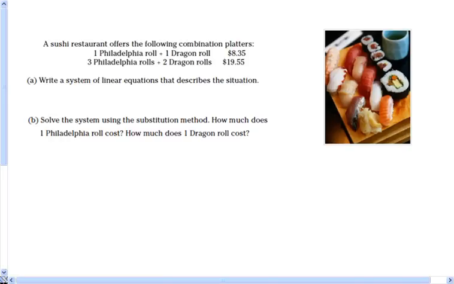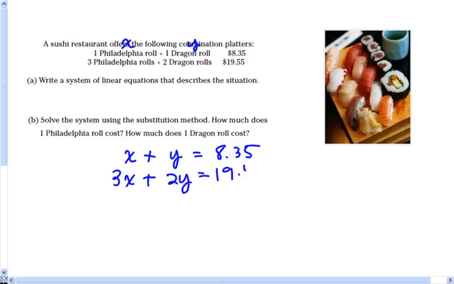So let's let the cost of a Philadelphia roll be X and a dragon roll be Y. And then we get, and I'm going to write these down here, 1X plus 1Y is equal to 835. And 3X plus 2Y is equal to 1955.